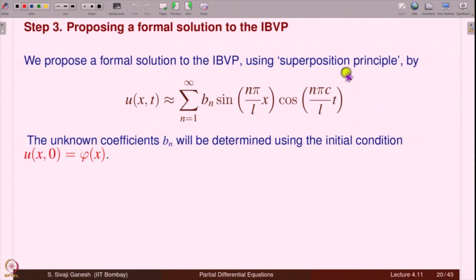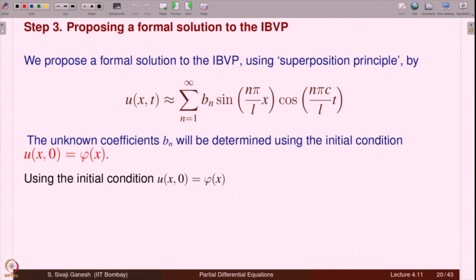Then we have to determine both bn and cn using the two initial conditions. One is ux 0 is phi x, and the second one is utx 0 equal to psi x. Because we assume psi equal to 0, we only have one term here, we do not have an extra term. That information, namely that psi equal to 0, was already used in obtaining the solution for t.